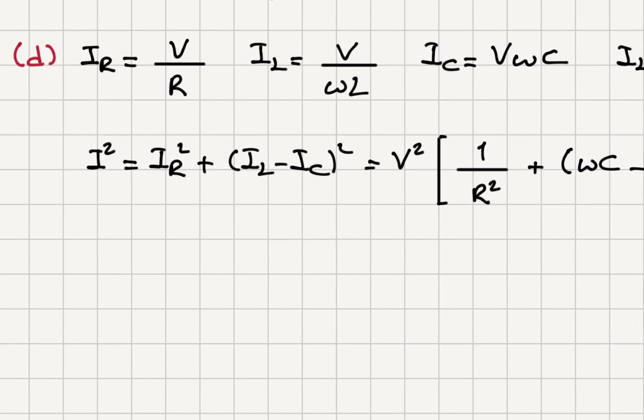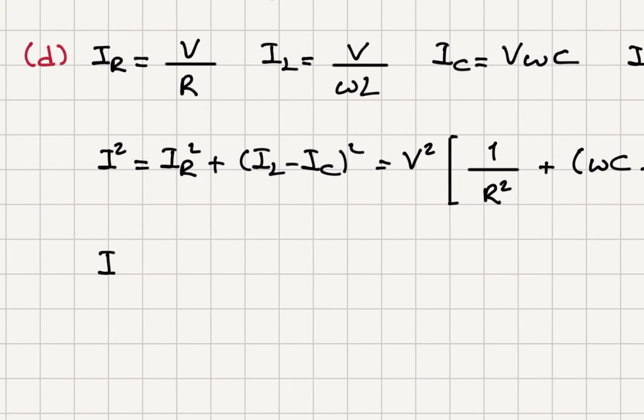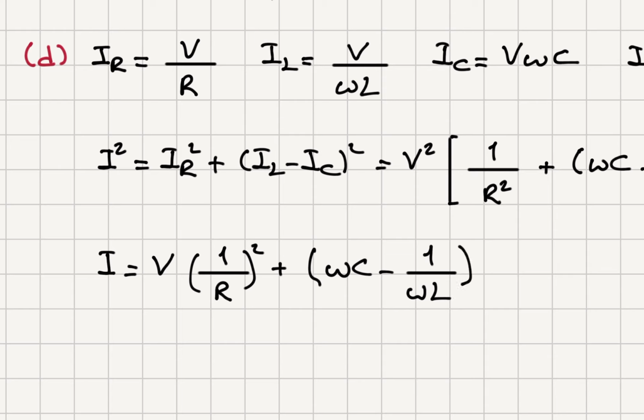And that means I can write the current amplitude as the voltage amplitude V times the square root of this quantity, (1 over capital R) squared plus (omega C minus 1 over omega L) squared, square root, which is V divided by Z, the impedance.